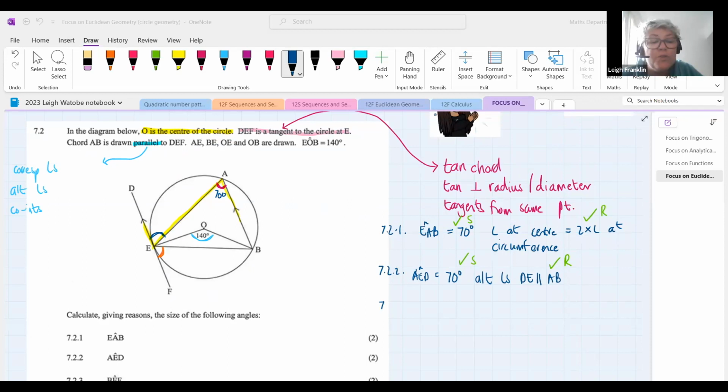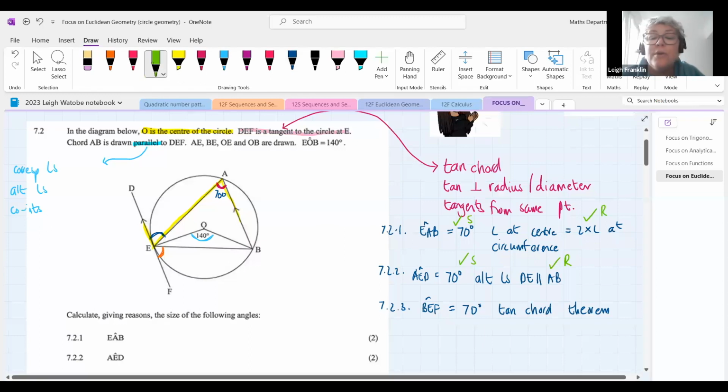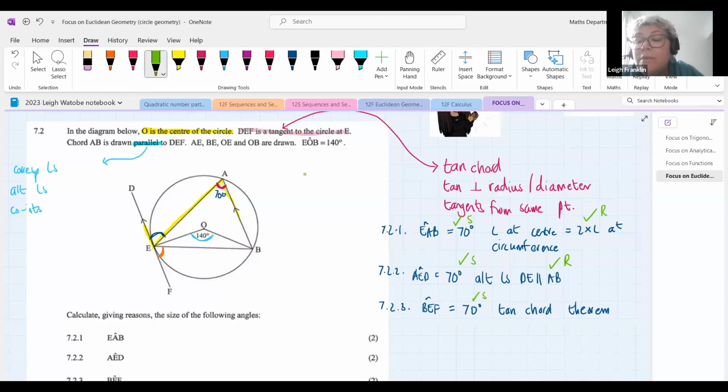So it will be equal to 70 and your reason: tan chord theorem. That's it. Well done. Okay, so I'm just going to point that out just in case it's not obvious to everybody. All right, so statement, reason, as geometry always gets marked.